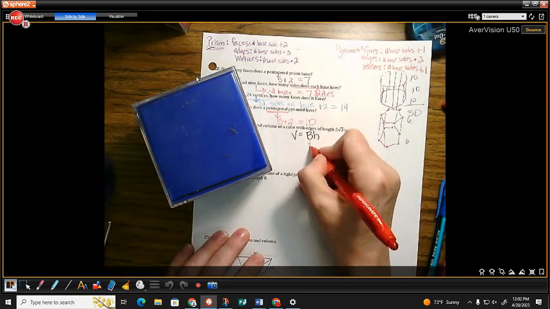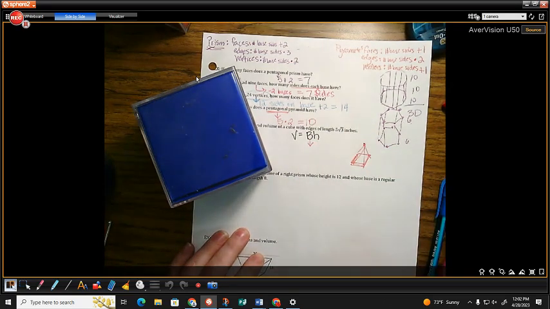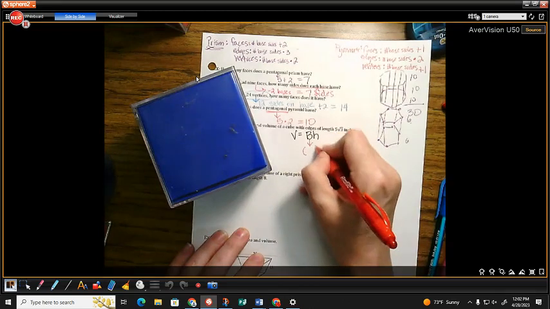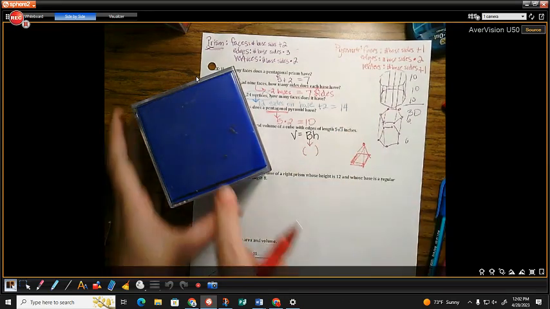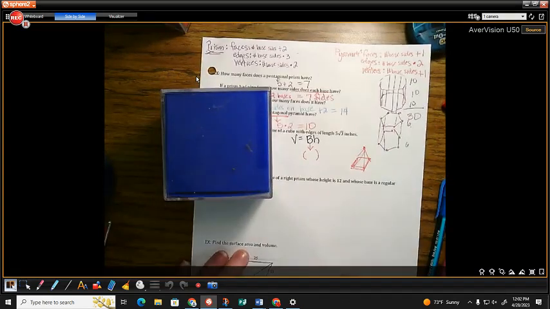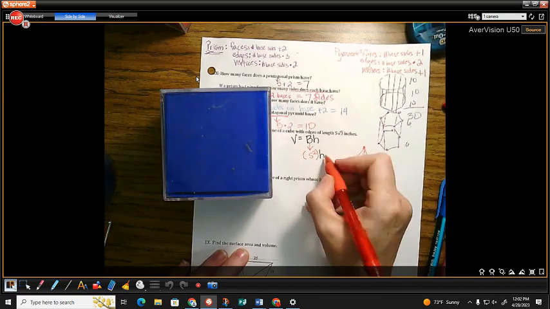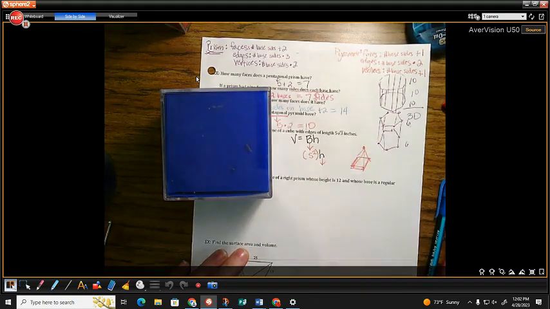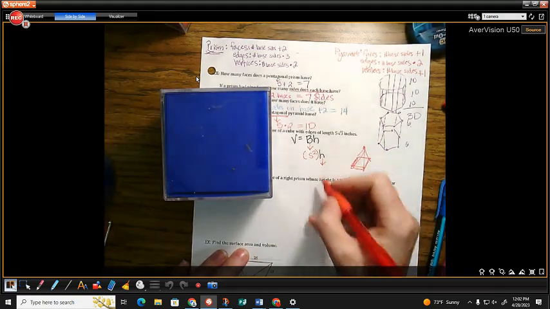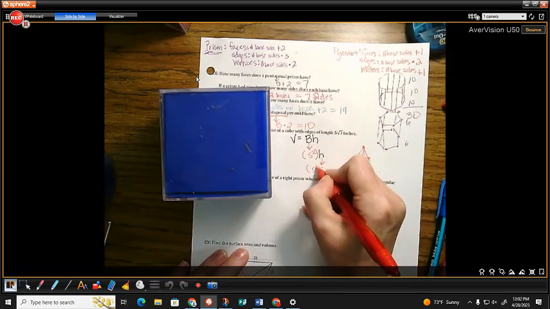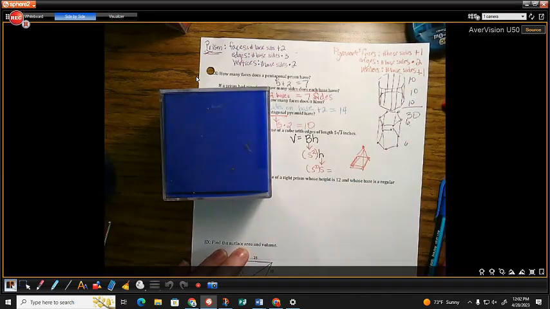But then, this is where you have formula inception. How do you get the area of the base if it's a square? S squared. Side squared times your height. But wait, if it's a cube, how big is my height? The same as the sides, which will give me what?